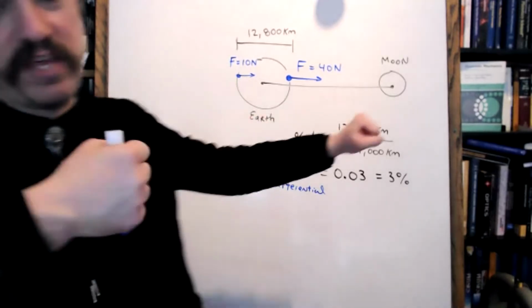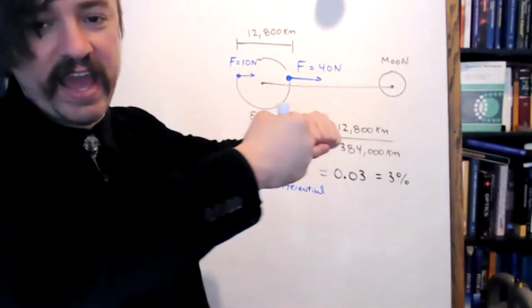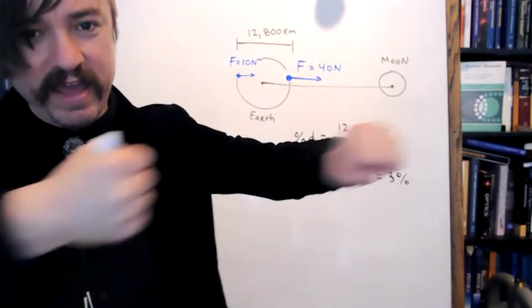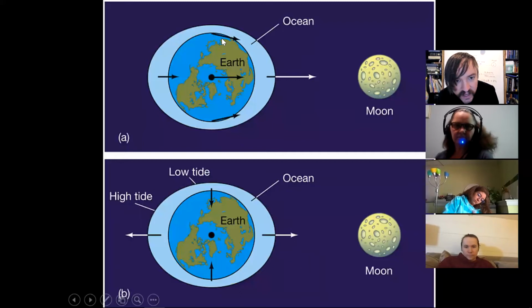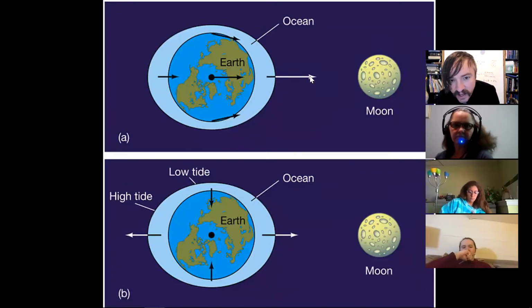And that means the Earth is actually feeling a shear force, a pulling apart or a stretching force from its front to its back. And there's two ways to look at that. In the top picture, you can see that the front force is tugging harder than the back force.